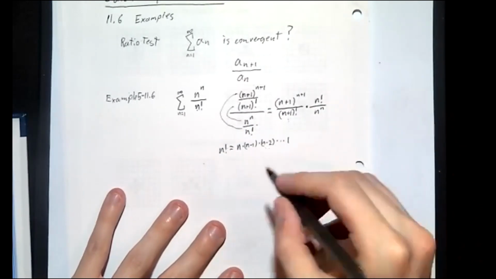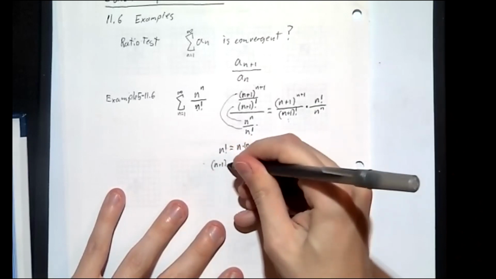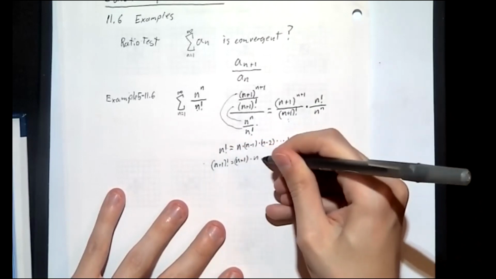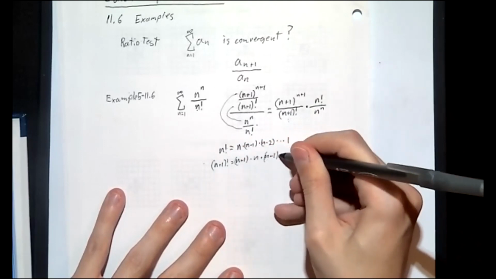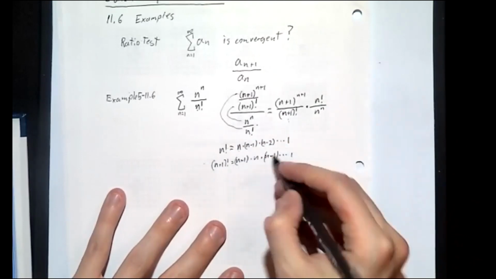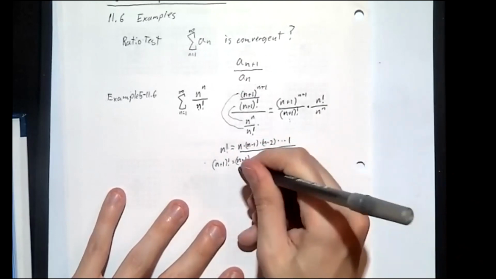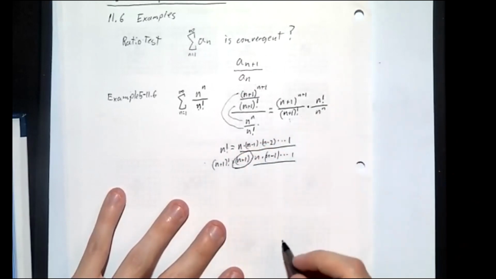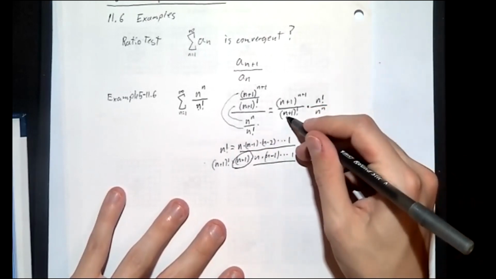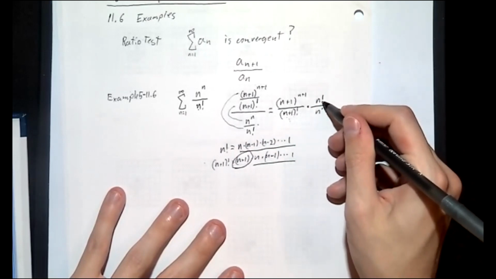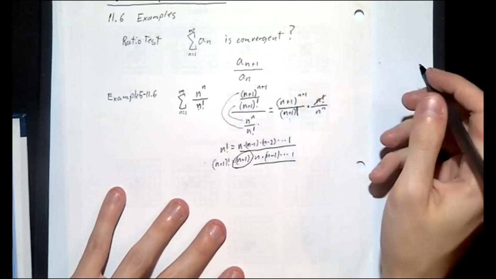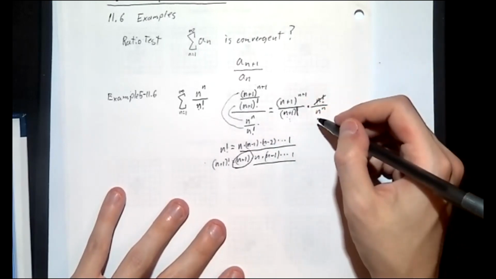So n plus 1 factorial will equal n plus 1 times n times n minus 1 times yada, yada, yada, times 1. We'll notice that we have all of this right here, and we just leave this out. So we have n plus 1 factorial on the bottom, n factorial on top. The factorial cancels, and we're just left with n plus 1.